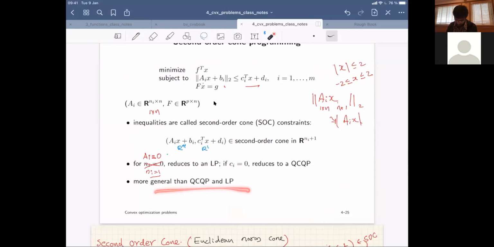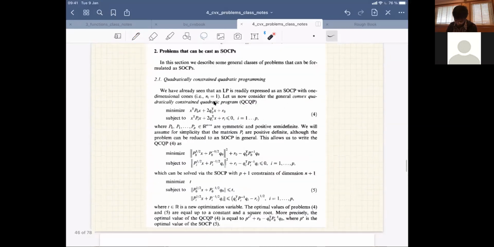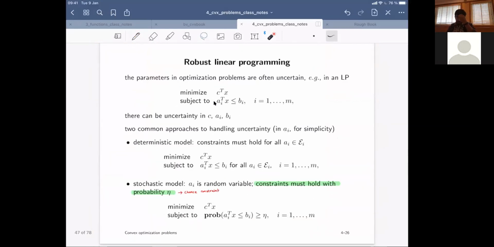Now let's move to robust linear programming. So far we were talking about optimization problems where these coefficients c, A, b, whatever it is, were deterministic. There is no randomness associated with that. For example, here this is an LP where you are minimizing a linear function subject to linear inequalities.